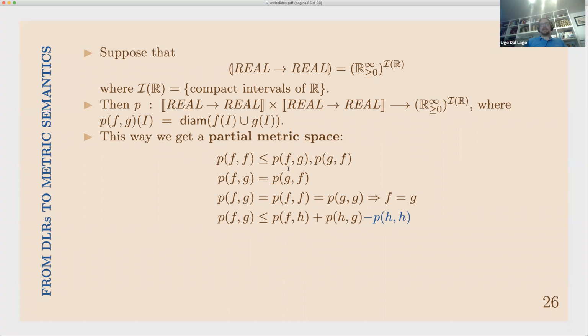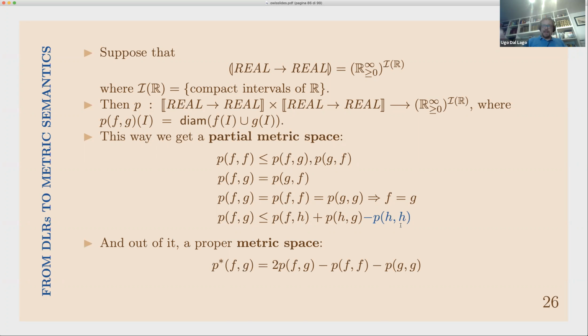You get that the triangular inequality holds, and now we can even discount for the self-distance in the middle. So you can just subtract the self-distance between h and itself. And out of a partial metric space, you can always get a proper metric space. This is a well-known fact from the literature on partial metric spaces. So you can also do it in the denotational semantics, and you get out of it a partial metric space.